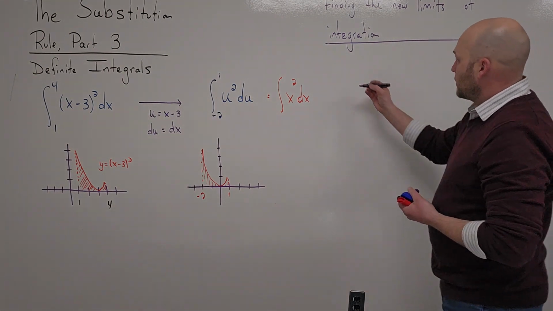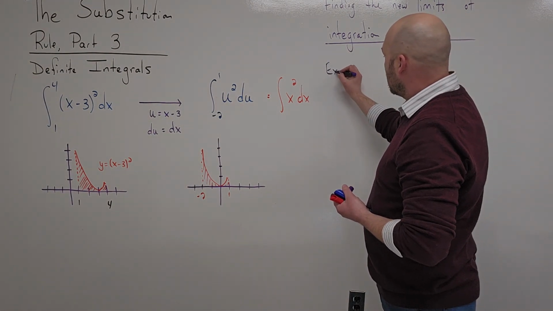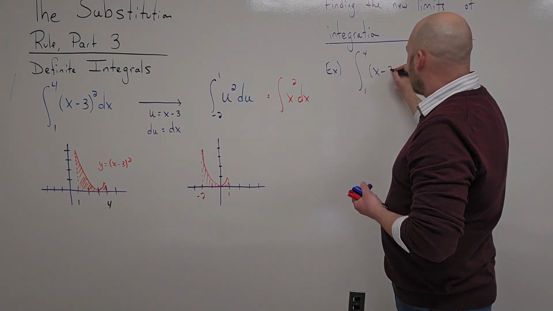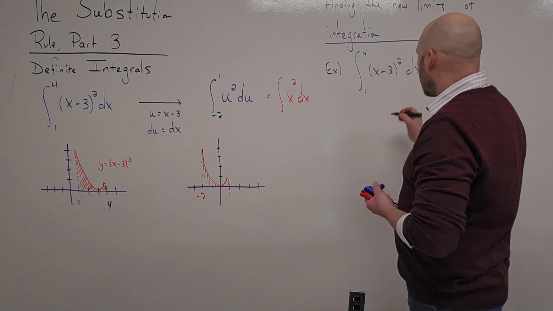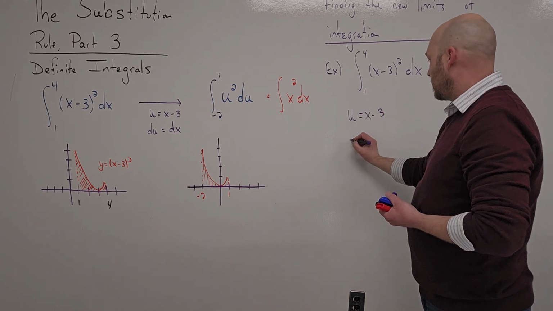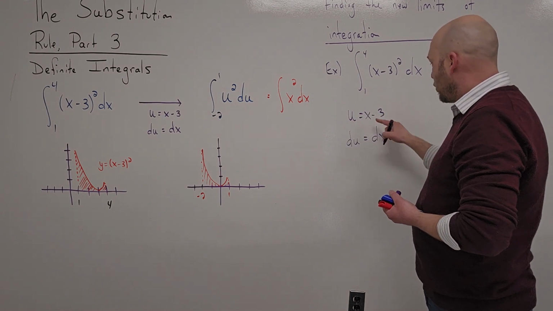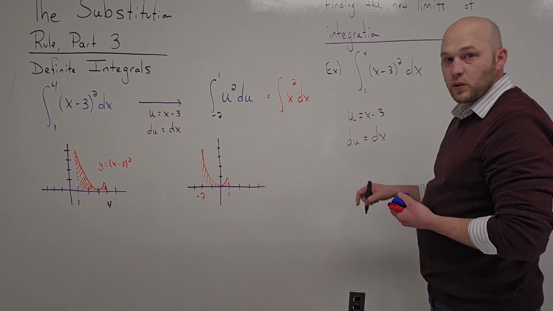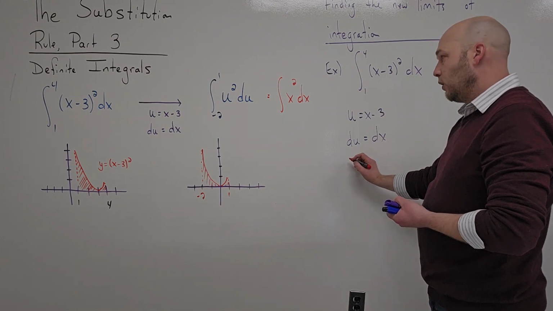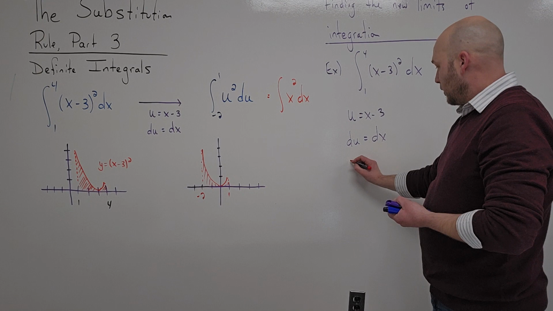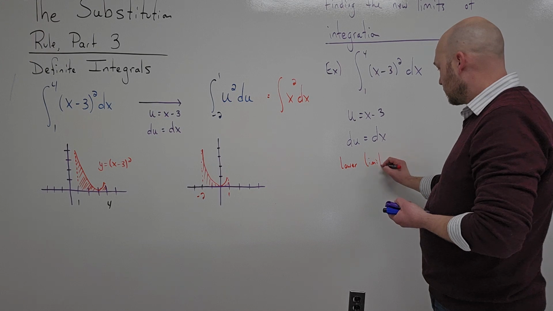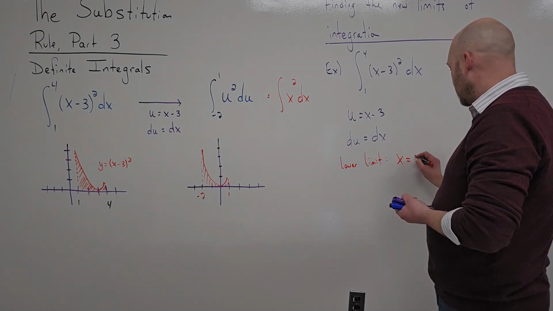Again, I'll just copy down the same integral, so 1 to 4, x minus 3 squared, and then dx. When I do the substitution, I would have u is x minus 3, du is dx. So new variable, new differential, now let's do the new limits of integration. And the way I do that is the original lower limit of integration originally was x is equal to 1.